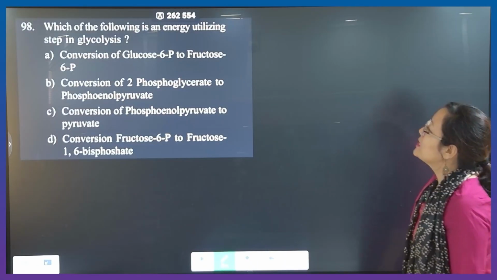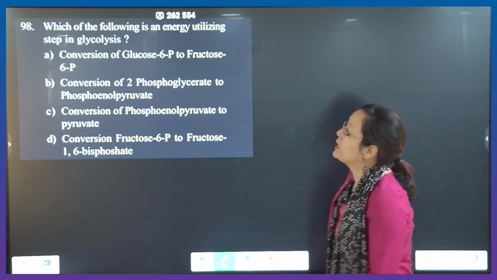Next, which of the following is an energy utilizing step in glycolysis?